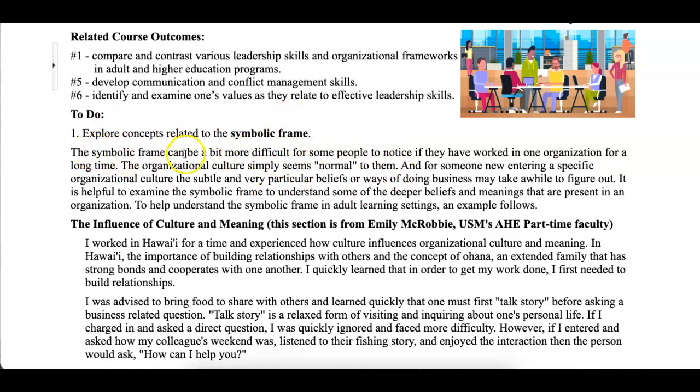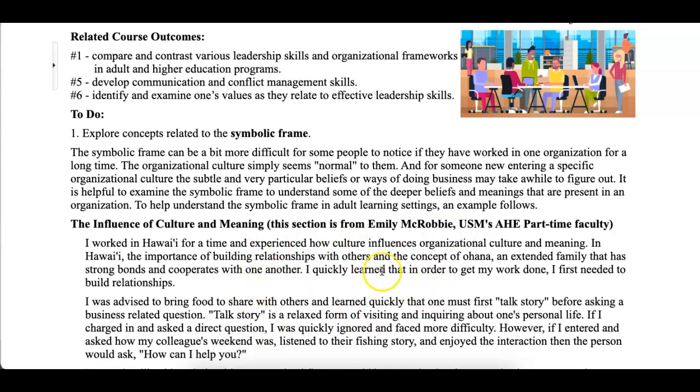And right here, I say this frame is a bit more difficult for some people to notice. And I'll give you an example. There's an example here from Emily McRobbie, who's a part-time faculty person at USM. She was very instrumental in putting this course together, or tweaking it a couple of years ago.